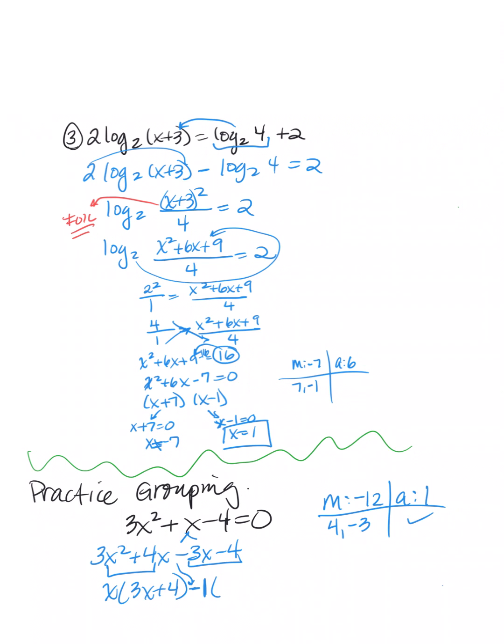That might help. And that would give me 3x plus 4. So then that would leave me with 3x plus 4 times x minus 1. And then you would set them equal to 0 and go from there, right? And you can continue solving.